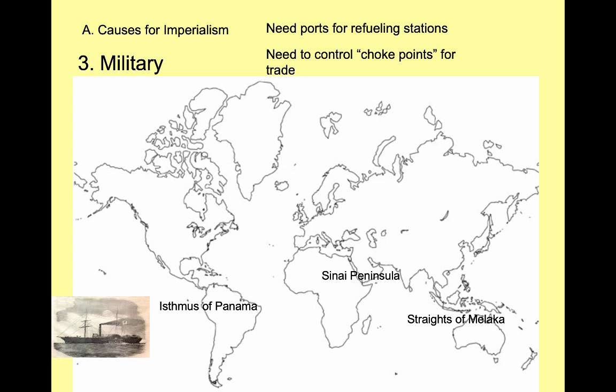The United States, if they want to get goods or raw materials or finished products from the East Coast to the West Coast of the United States, the quickest way to do that, instead of going all the way around the tip of South America and then back up, is to have where you see it's very thin there in Central America, Panama, to build a canal there, and then it's much shorter trip to go from east to west. And so these are examples of choke points of trade. Another thing pushing modernized, industrialized countries to go grab parts of the globe for themselves.